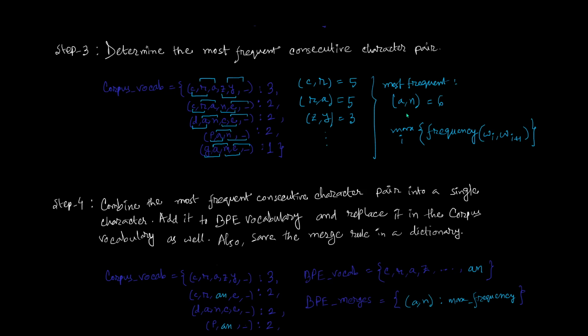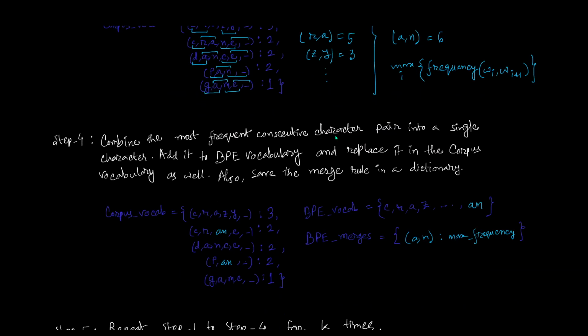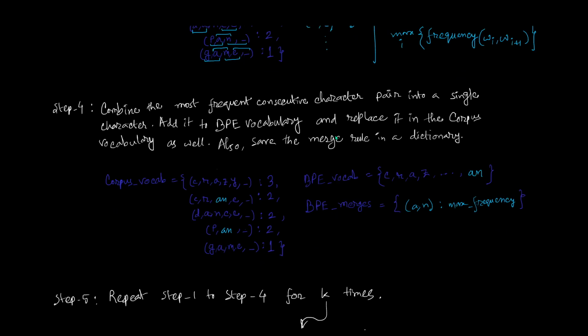Because the possibility is that in the test set also, in the unknown data that the model is going to see while generating embeddings, AN will occur frequently there also, just like in the training data. That's why it makes sense to keep these together as a single token in our vocabulary. So that's exactly what we are going to do in our step 4.